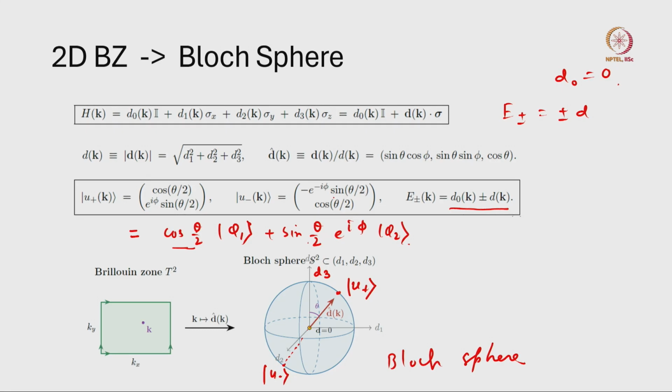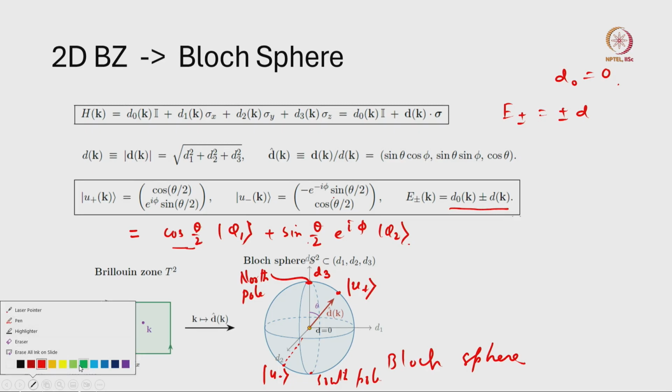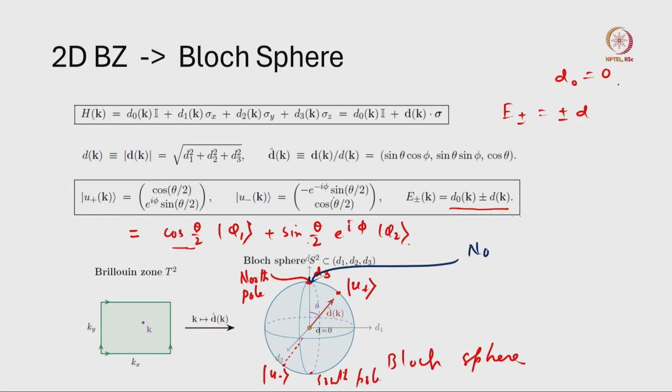Okay. And these are the north pole and this is the south pole, and north pole is when theta equal to 0, and if you plug in theta equal to 0, you see that this term goes to 0.